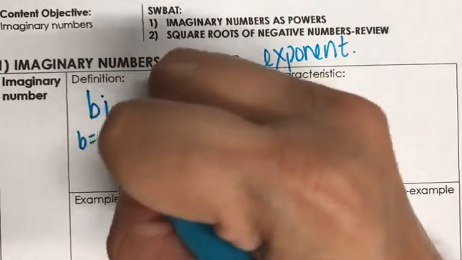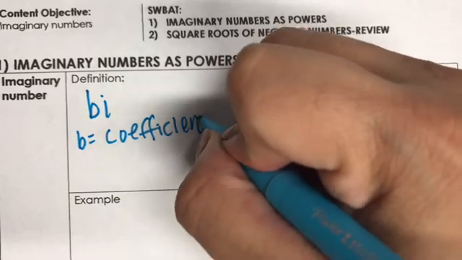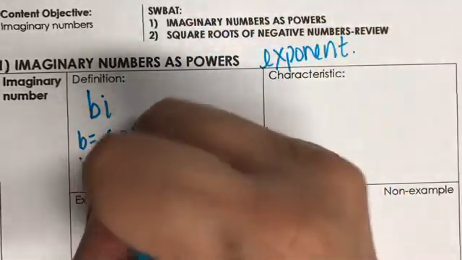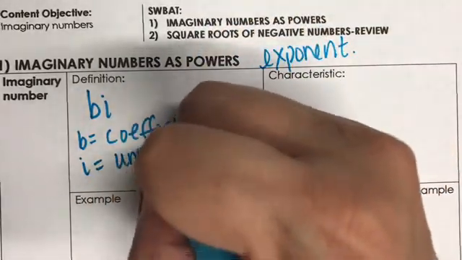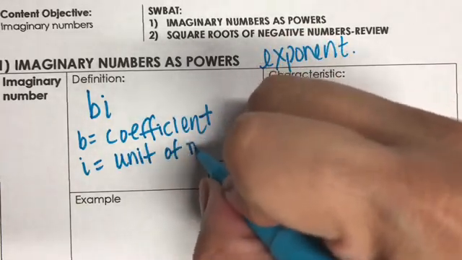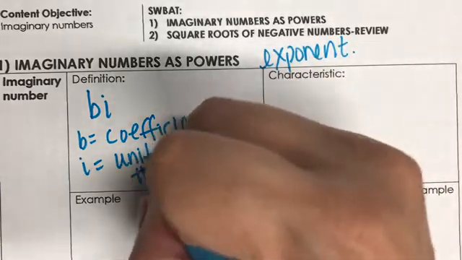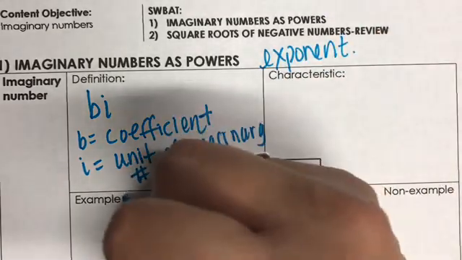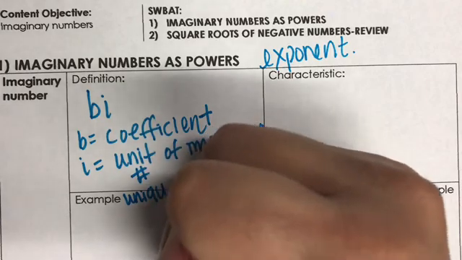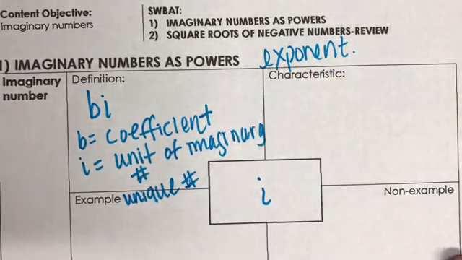b is going to be a coefficient. i is going to be a unit, called the imaginary unit.